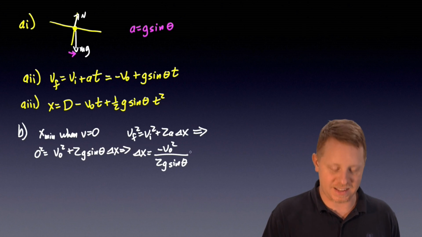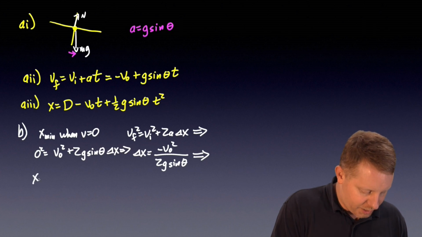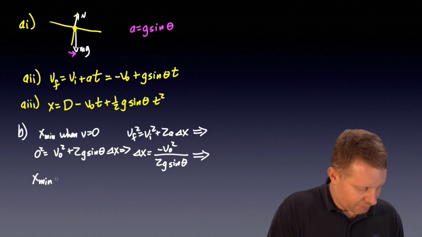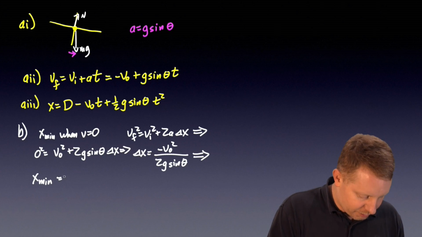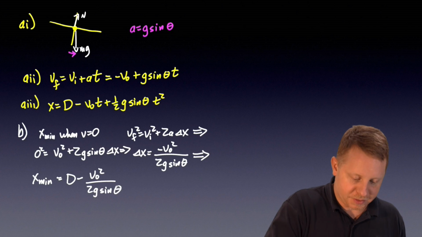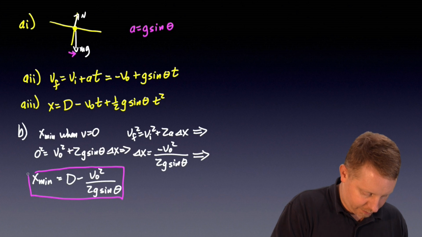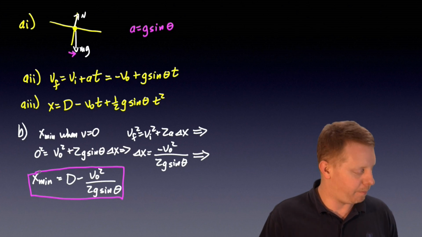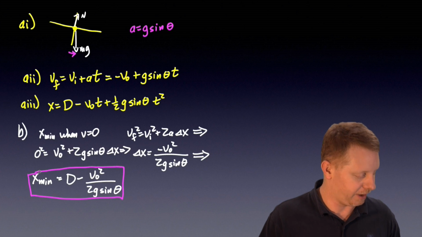Now we still have that D factor in there. So this implies that the minimum position closest to that motion sensor, at the highest point on the ramp, is going to be capital D minus v0 squared over 2g sine theta. Again, basic kinematics, just coupled with that capital D, which can be a little tricky if you're not looking out for it.